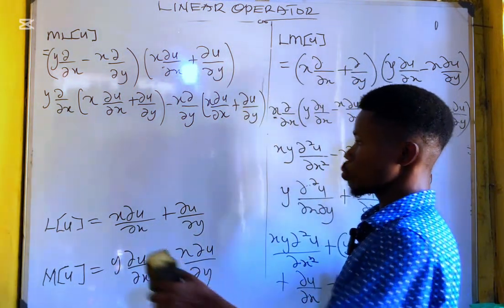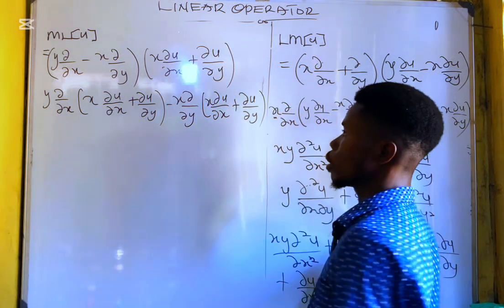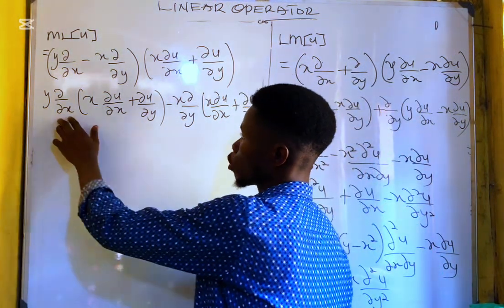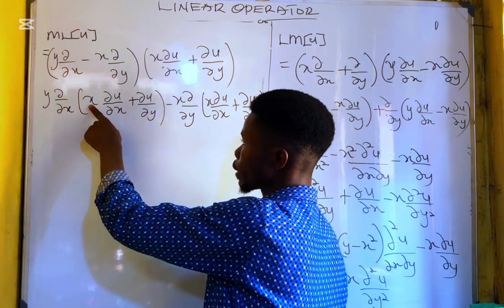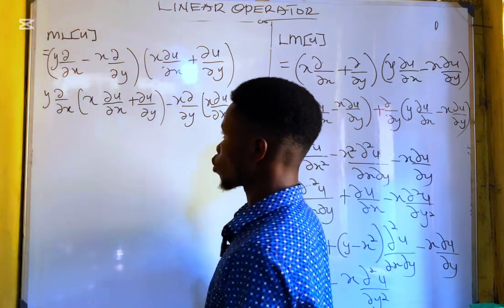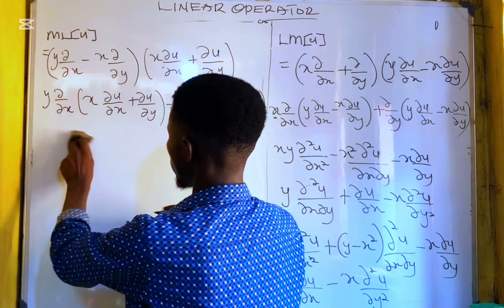So this is how it's going to be. So let's see. Here means I'm going to differentiate everything partially with respect to x. So I hold x. If I hold x, automatically this x will multiply with this. That will give me xy.